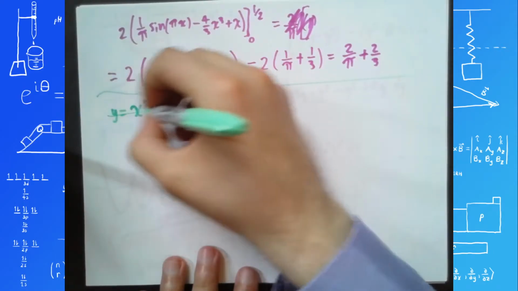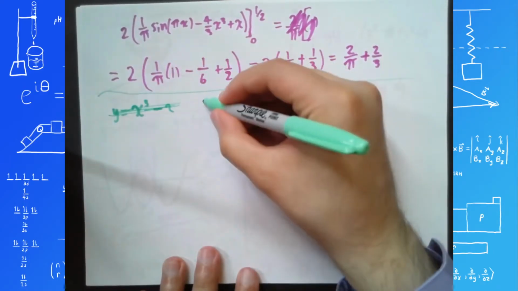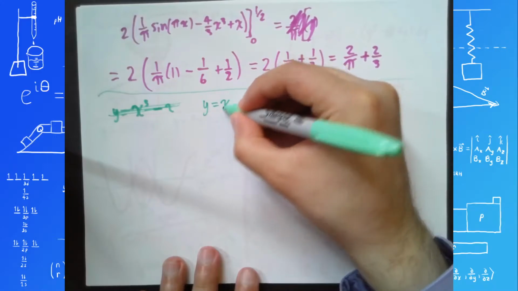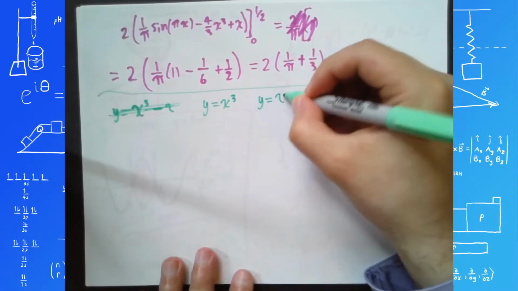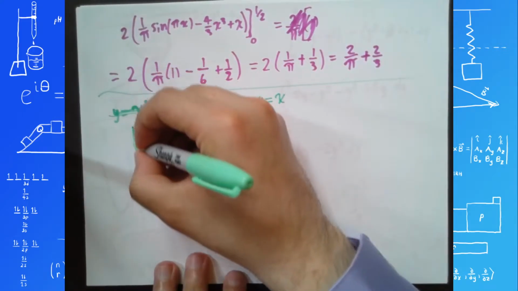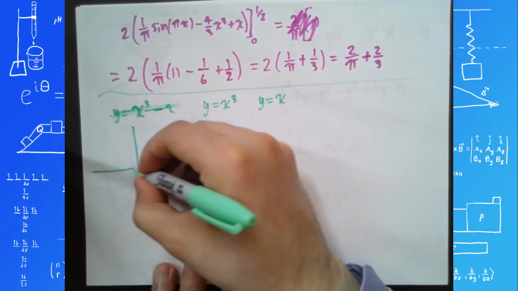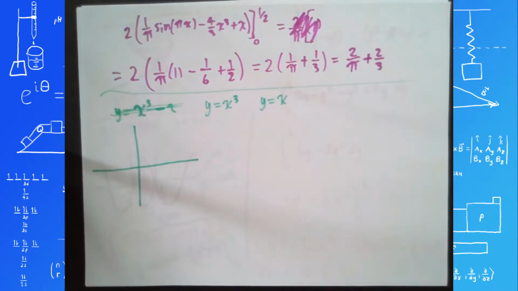No, I think it'll work fine as is. Okay. They want it between y equals x cubed and the line y equals x. Let's draw that and see what we're looking at. What is the area enclosed between those two curves?